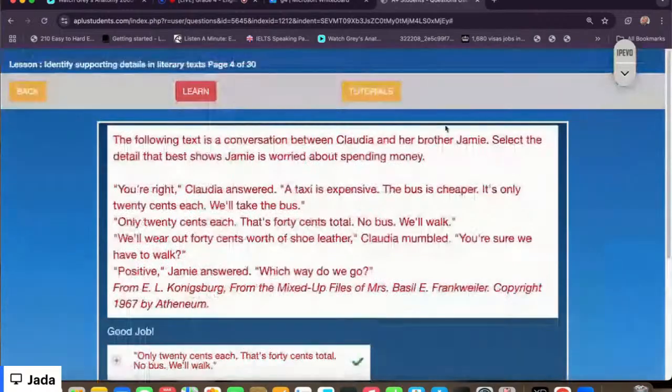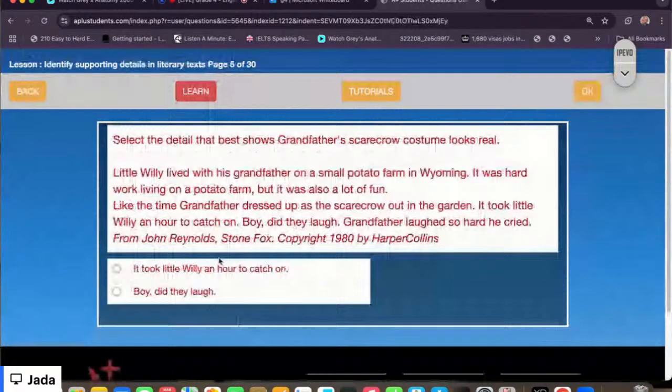Alright, so the first one shows that Jamie is worried about spending lots of money.